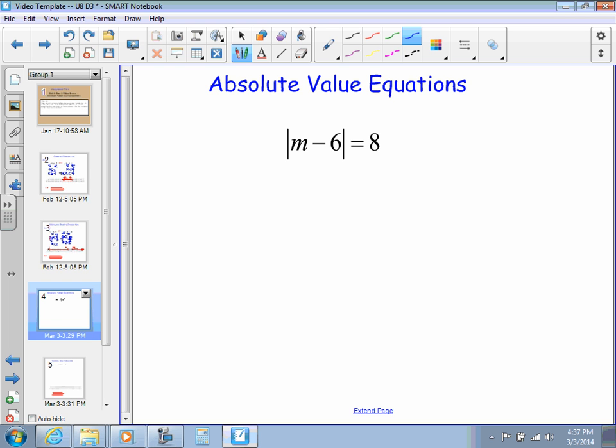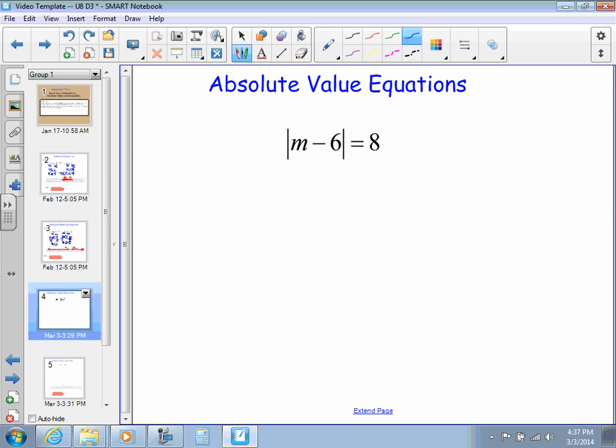Let's say the absolute value of m minus 6 equals 8. Well, m minus 6 might equal 8, and the absolute value of 8 would be 8. Or m minus 6 might equal negative 8, because the absolute value of negative 8 would also be 8.